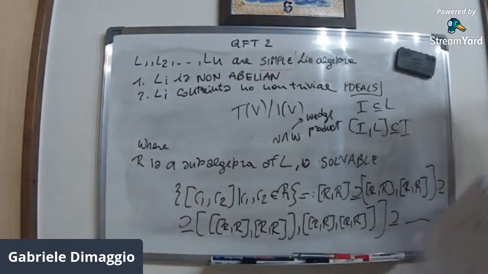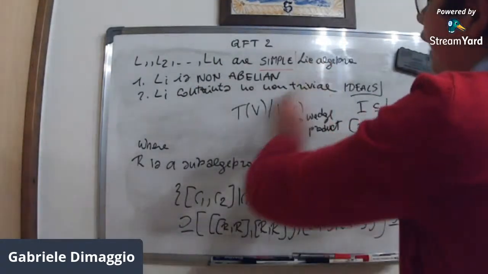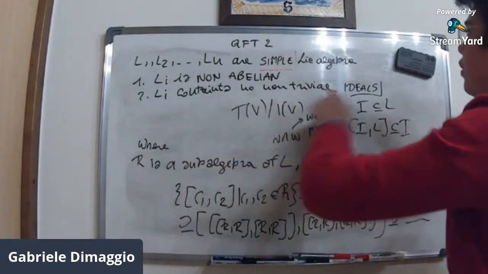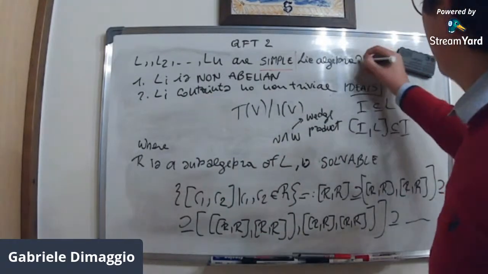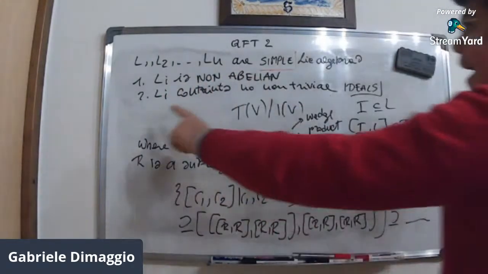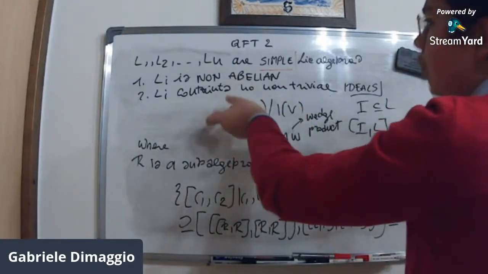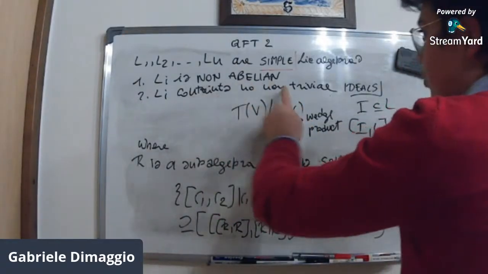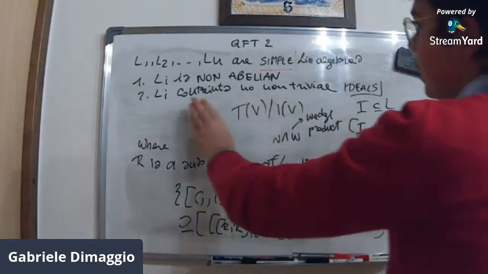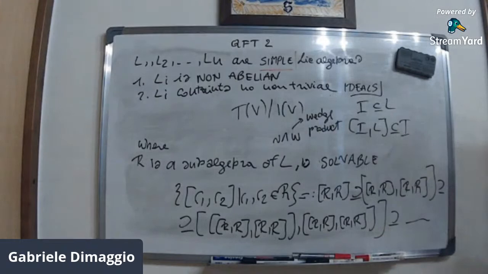So these are simple algebras. Sorry, here I forgot the s. Li is non-abelian, and Li doesn't contain non-trivial ideals, so it contains only trivial ideals.